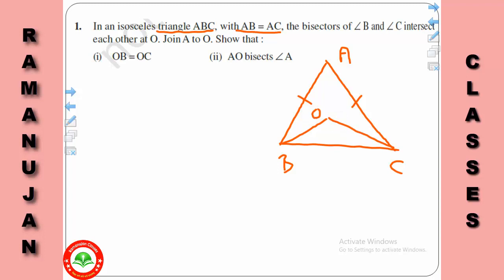They meet each other at point O. Join A to O. We have to prove OB equal to OC and AO bisects angle A.